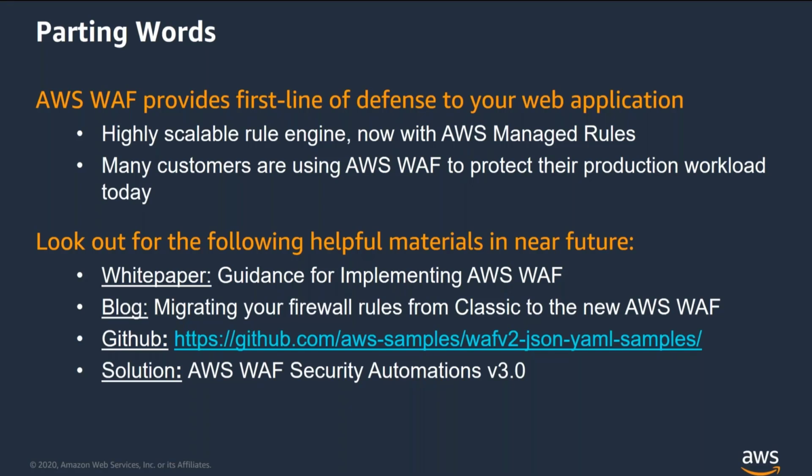And we'll also provide you with a GitHub repository with sample JSON and YAML, where you can just copy our code and paste it onto the JSON editor to create your own custom rules. Lastly, as I mentioned previously, we have WAF Security Automation version 3.0 coming up for WAFv2.